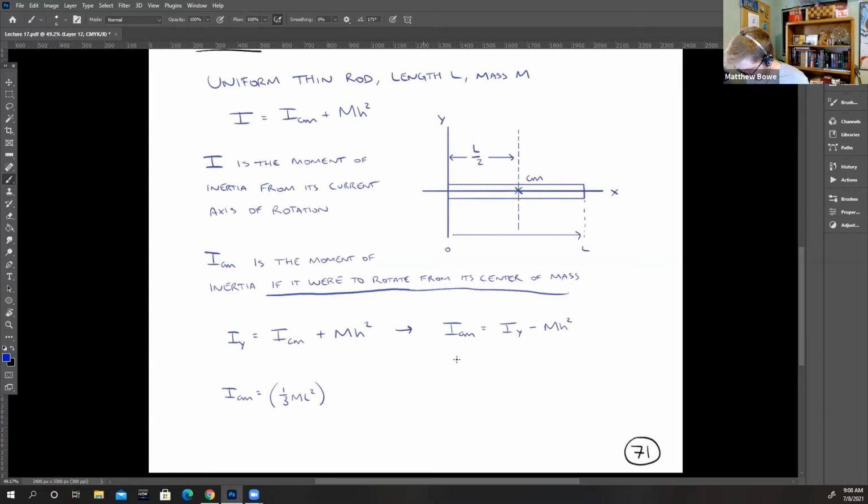That would be I_y minus m times h squared. What is h? h is how far away the center of mass is from its current point of rotation. So that's L over 2, squared.